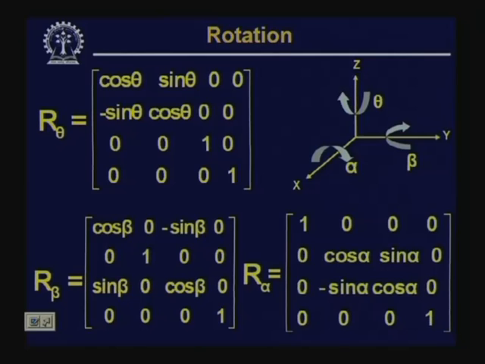As before, when you rotate the point around the x axis, the x coordinate will remain the same, whereas the y coordinate and the z coordinate of the point are going to differ. Similarly, when you rotate the point around the y axis, the y coordinate is going to remain the same, but the x coordinate and z coordinate are going to be different.